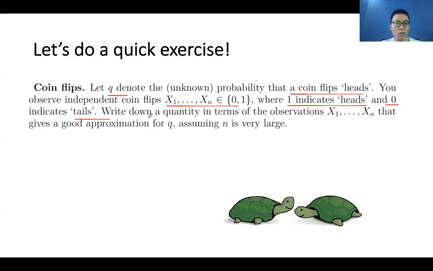Could you write down a quantity in terms of the observations that gives a good approximation for Q, assuming that N is very large? So think about the way to estimate the value of Q, right?